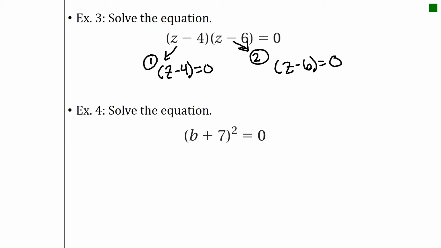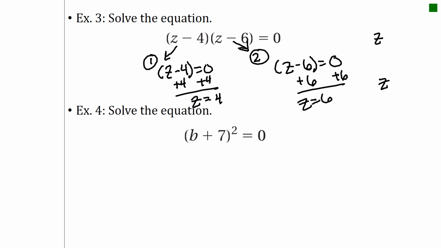Getting a little parentheses happy. Okay, so add 4, add 4. The first x-intercept is z equals 4. The second intercept, plus 6 is z equals 6. So the two x-intercepts, we call them roots, are z equals 4 and z equals 6.